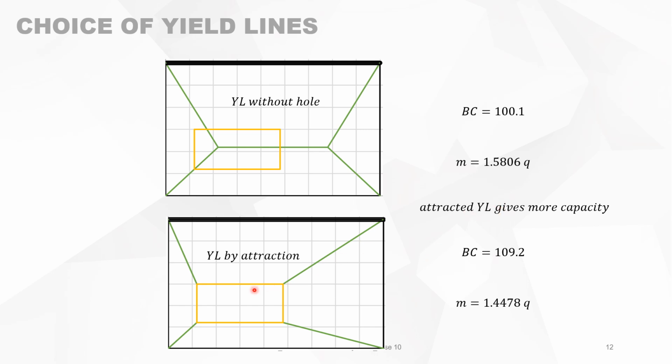You must be careful when you use yield lines by attraction that you are not on the safe side. Not always. You see here there is a 10% difference. This is because this reservation is close to the edge. So be careful in choosing attracting yield lines or the 60-45-30 rule.